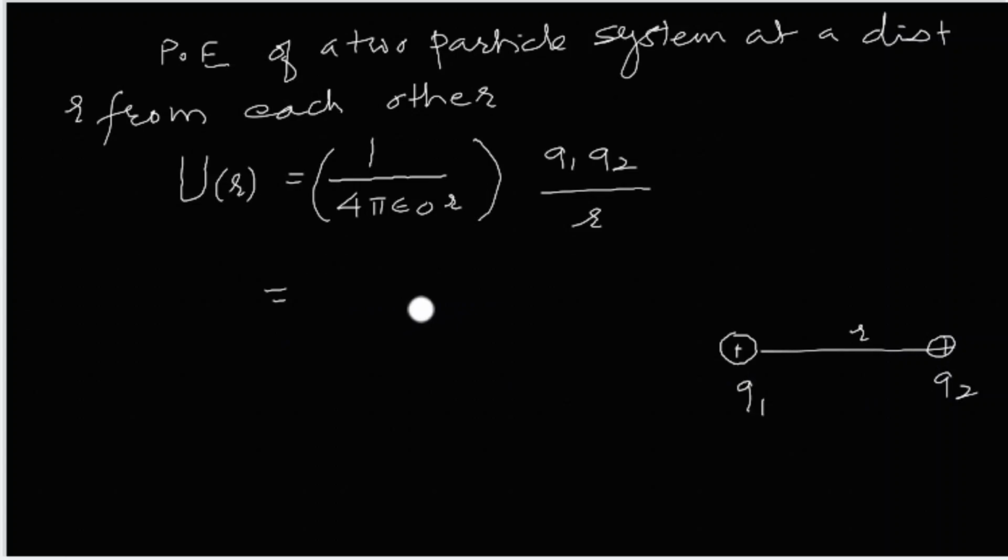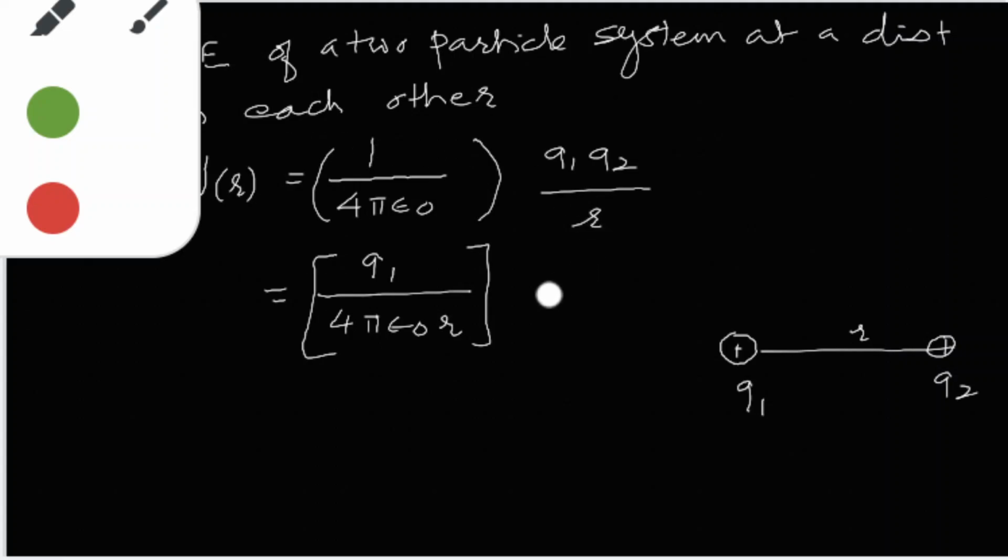Now if I take Q1 upon 4 pi epsilon 0 r together, the remaining thing will be only Q2.